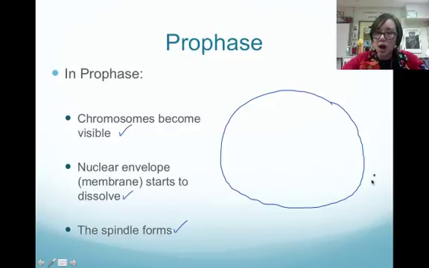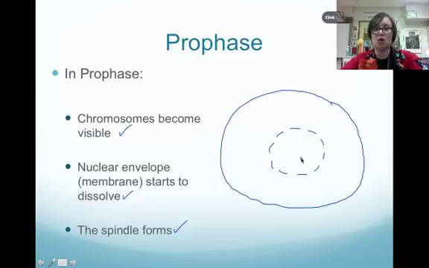So here's my cell membrane, or the outer portion of my cell. And on my previous picture in interphase, you'll notice that I drew a clearly defined nucleus with lots of loosey-goosey DNA in the middle. That's not what we're going to do here in prophase, because we know that our nuclear envelope is starting to dissolve. And because our nuclear envelope is starting to dissolve, I'm going to draw it like this. So that's my nuclear envelope starting to dissolve. Another key characteristic is that we're actually going to see chromosomes now.